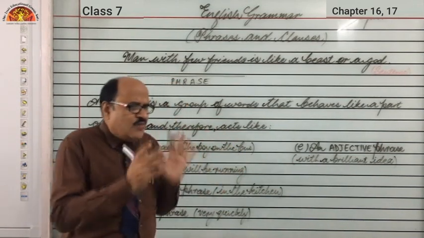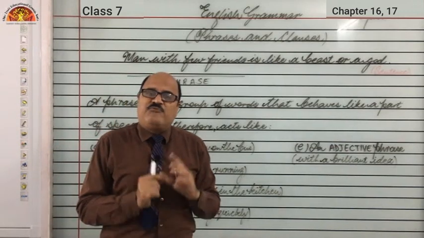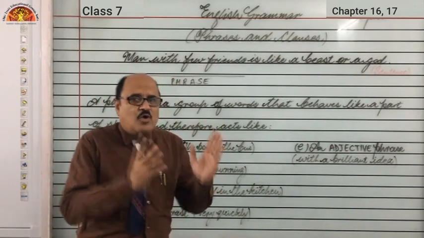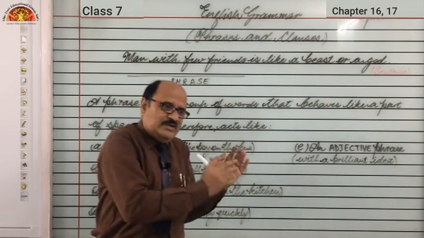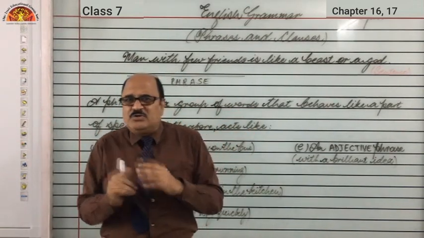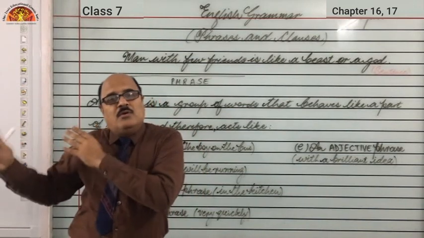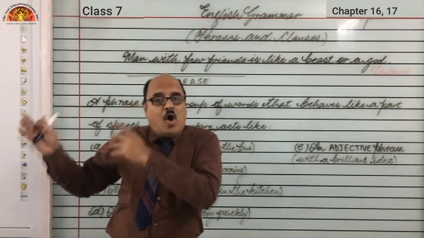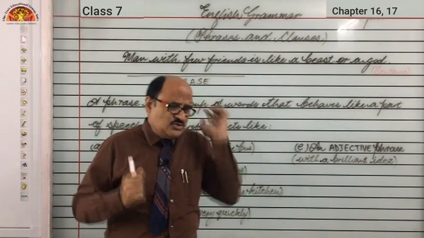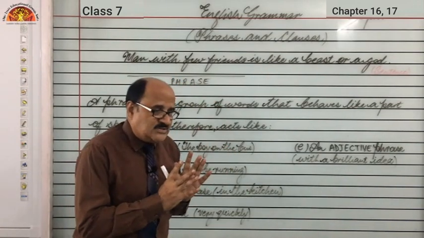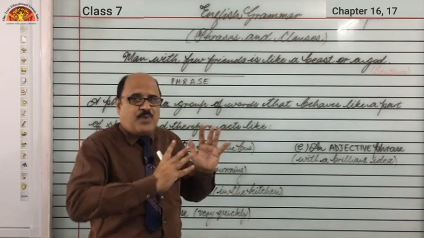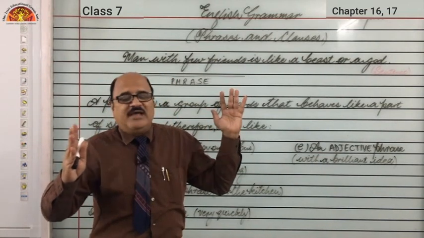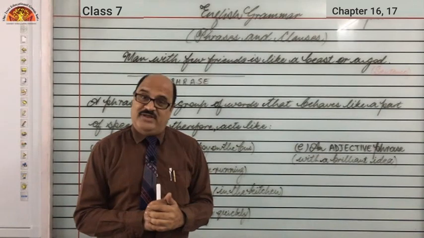Or in other words, we can say a phrase is just a part of the whole sentence. It does not have its own subject, its own verb or own object. So, any group of words which has no complete sense of its own and is a part of the whole sentence is known as a phrase.